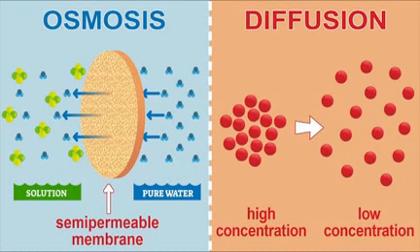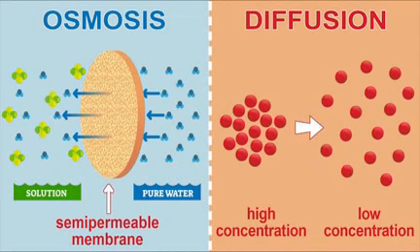In case of exosmosis, exo means outward. So exosmosis is the outward diffusion of water when the surrounding solution is more concentrated. This brings about the shrinkage of the cell.